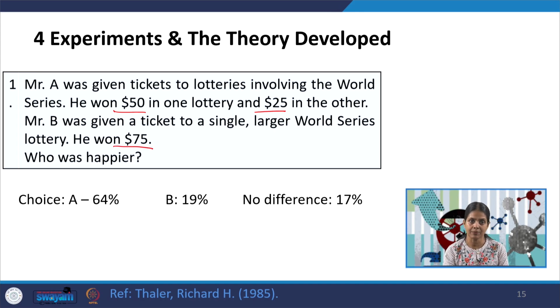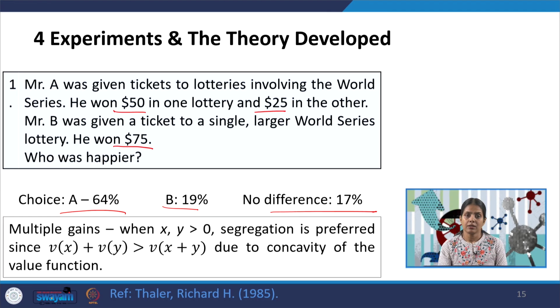Who is happier? Most people say that Mr. A should be happier. 64% said that Mr. A should be happier than Mr. B, and there were some percentages of those who perceived it to be emotionally not different. So, from there it is concluded that for multiple gains, when both x and y are greater than 0, segregation is preferred since V(x) plus V(y) is greater than V(x plus y) due to concavity of the value function.